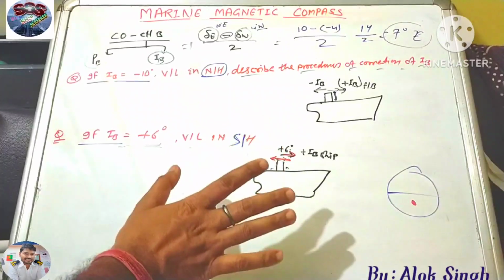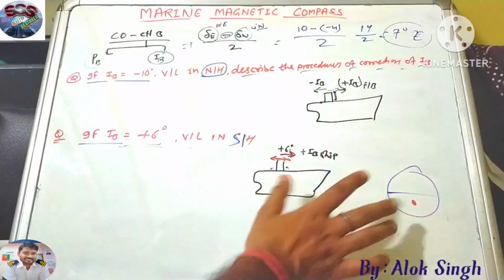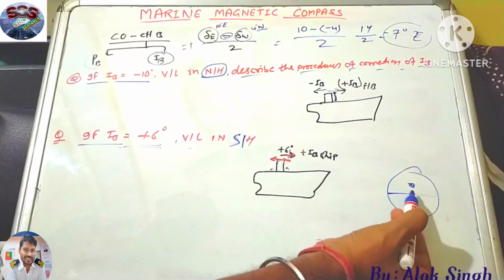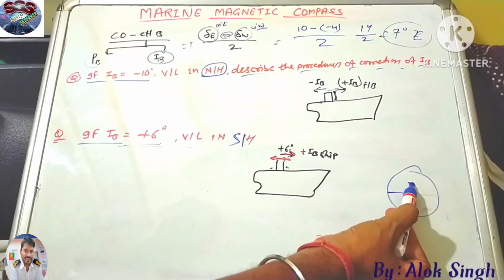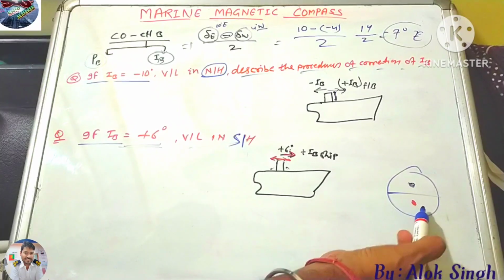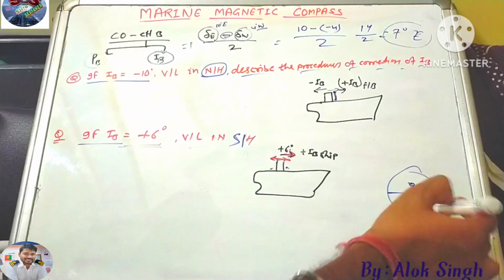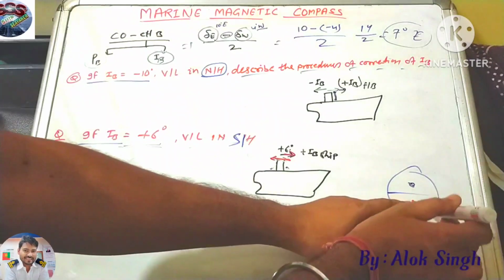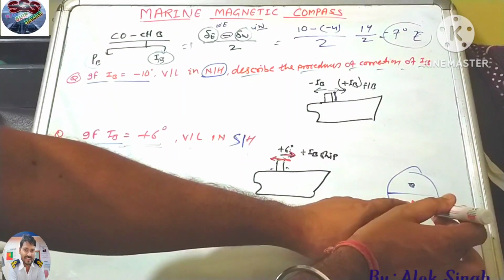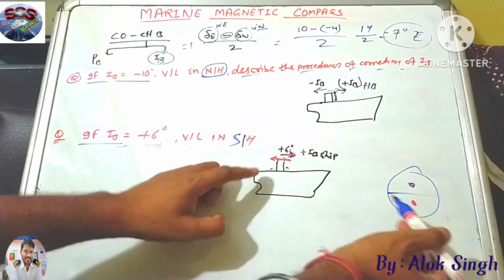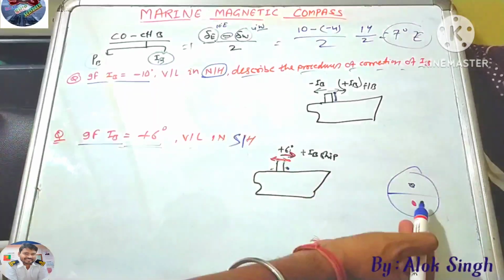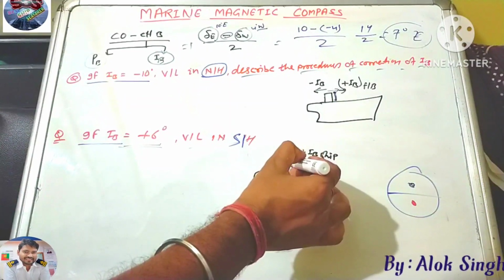So wherever the induction is there, we just have to see whether it is southern hemisphere or northern hemisphere. In the northern hemisphere the earth pole is blue, in the southern hemisphere it is red. If it is red, then for any vertical soft iron we put, the nearest end will be just opposite of this. So if it is red here, blue forms toward the bottom side, and on the opposite side the red will automatically form.